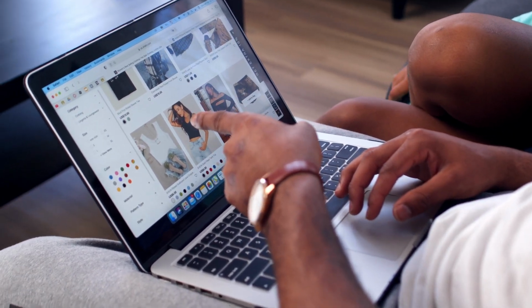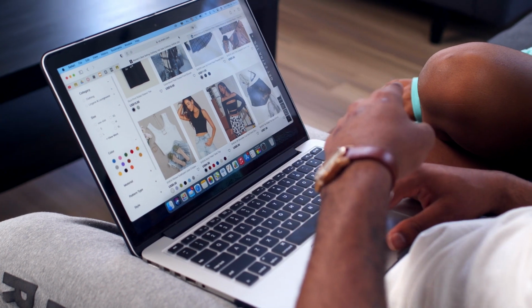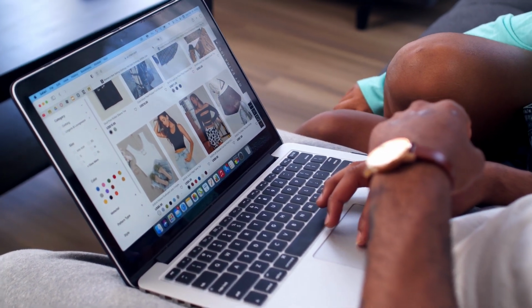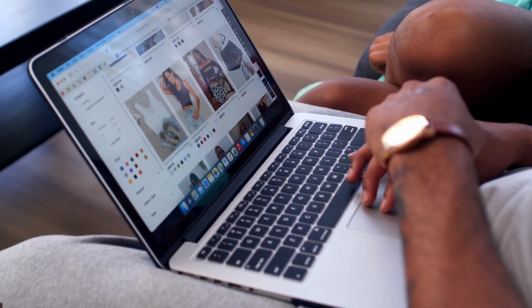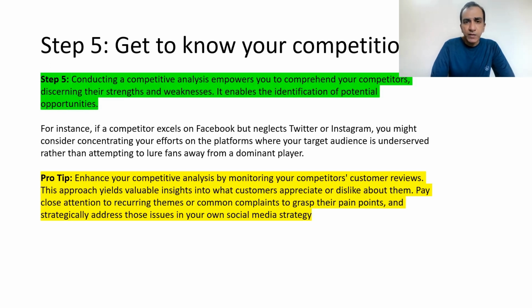So you can, let's say, if you are a furniture rental company and your competitor is also running a social media campaign, you can check the reviews, what kind of reviews do people leave on their social platforms, and if there are negative reviews, you can make that improvement, and create content that the TG likes for your brand.